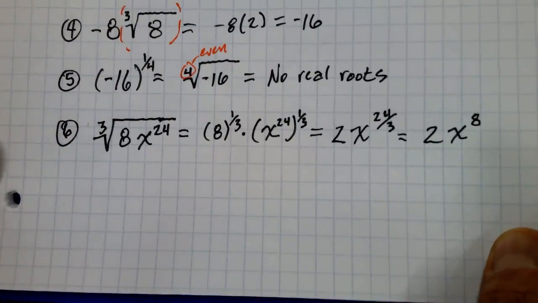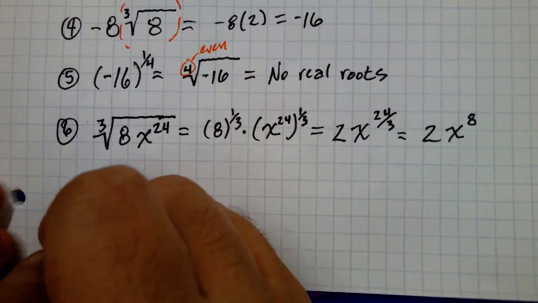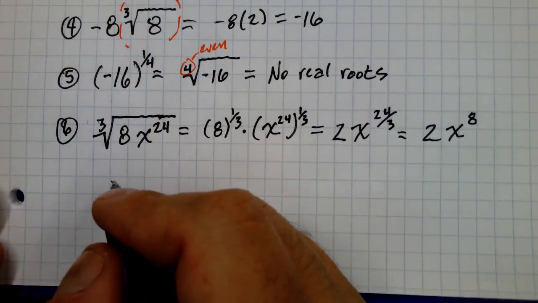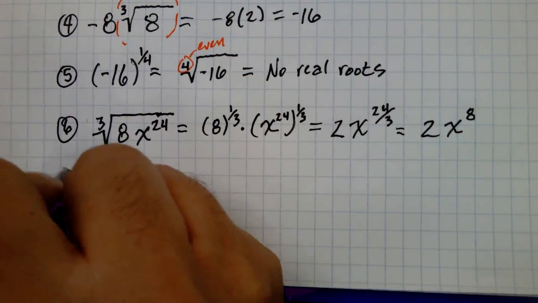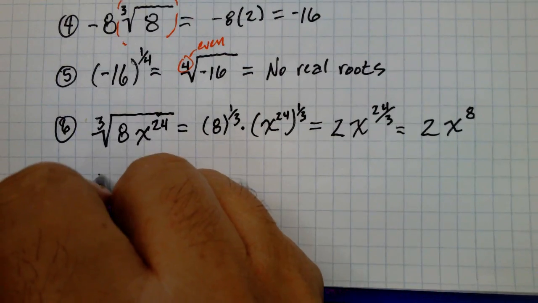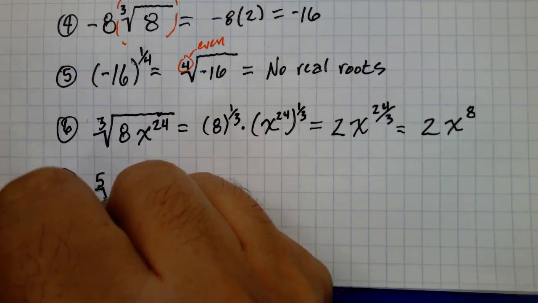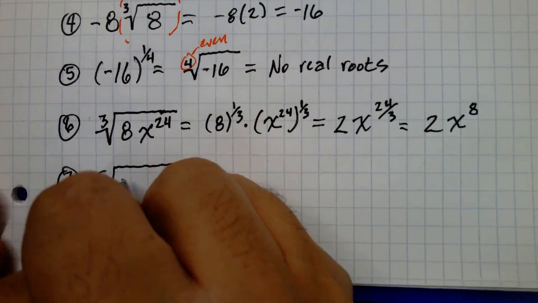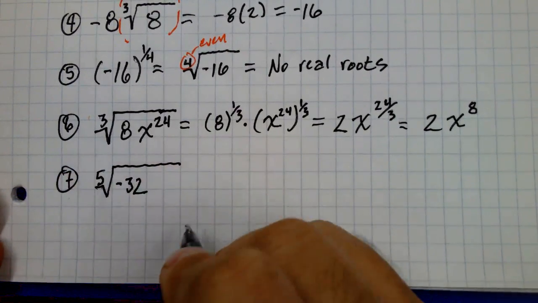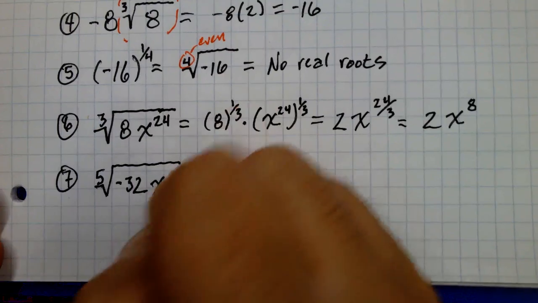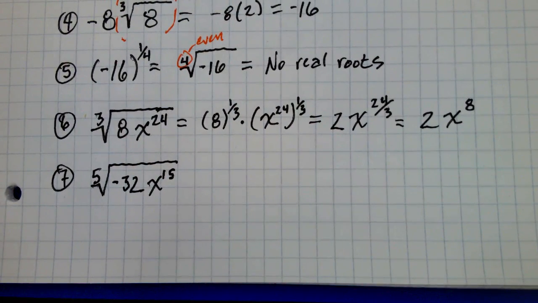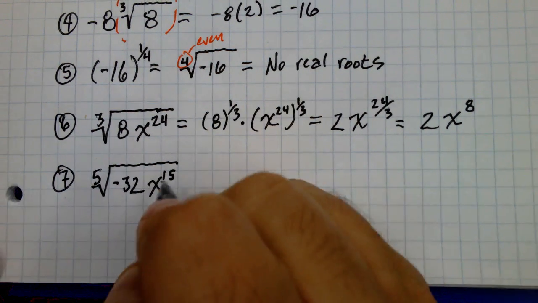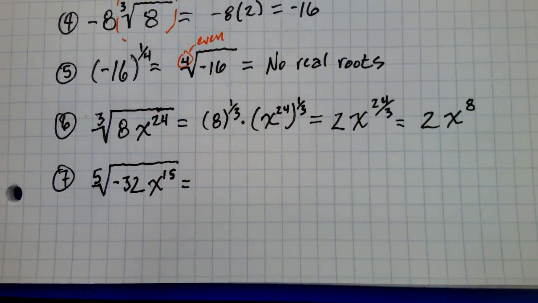Let's try a few more like this. Let's do number 7 and we'll call it the 5th root of negative 32x to the 15th. Okay, let's break it up into two parts.